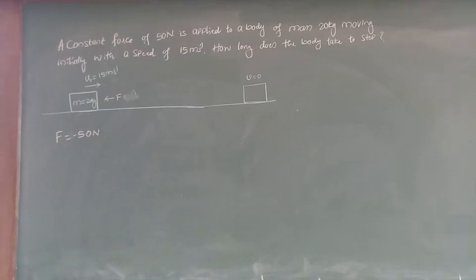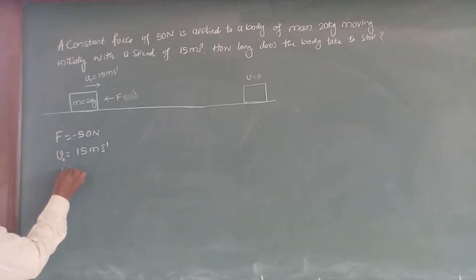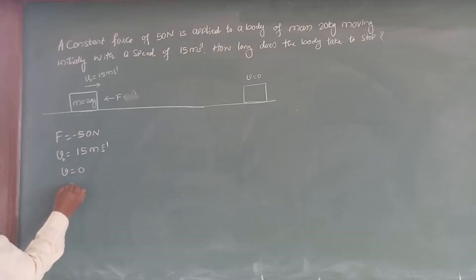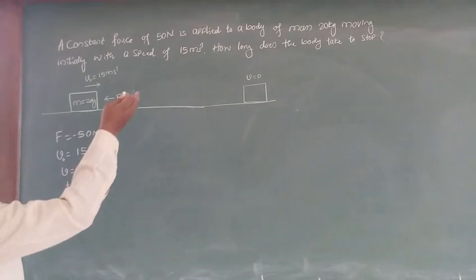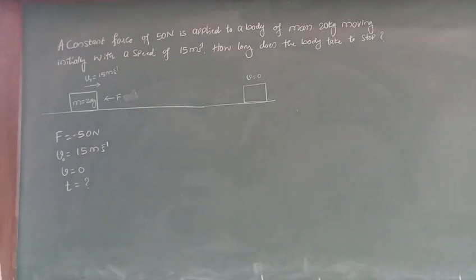Now the initial speed is 15 meter per second, and the final speed becomes 0 after time t, and that time you have to calculate: how long does the body take to stop.